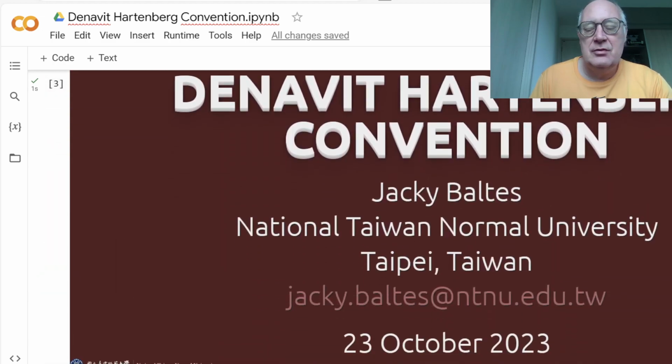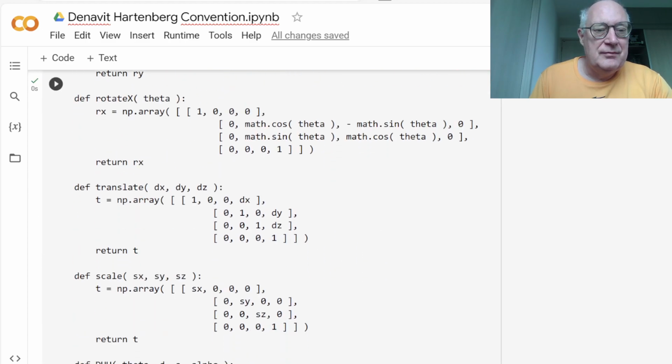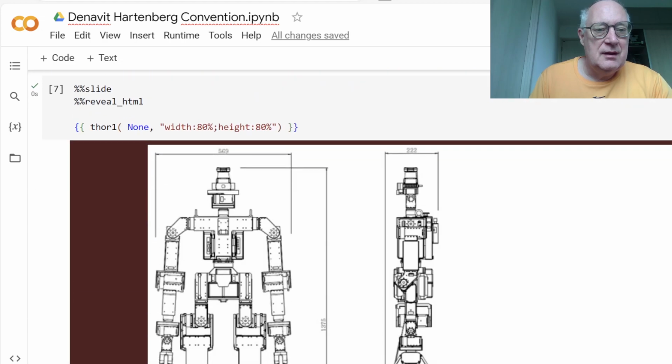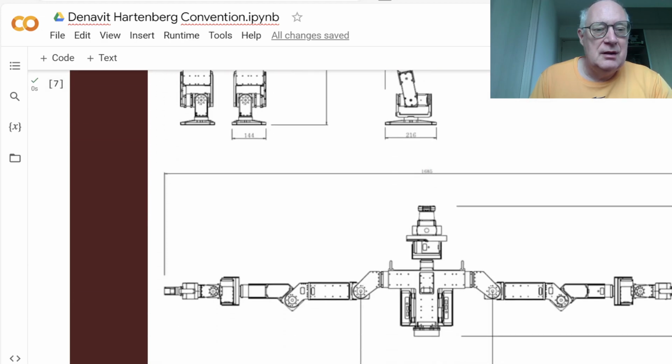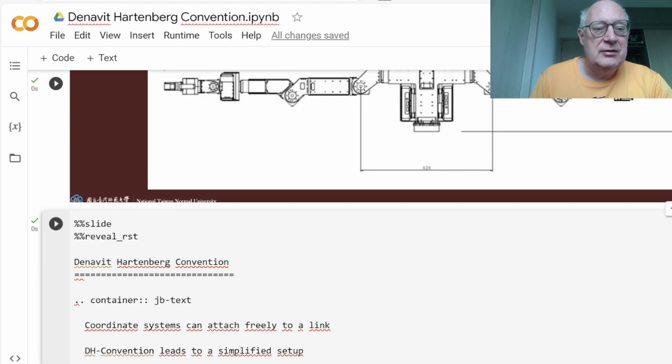So just to recap, we're talking about the Denavit Hartenberg convention with an example of our Thormang robot and its kinematics.